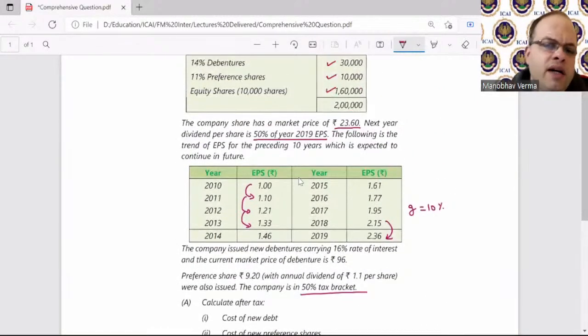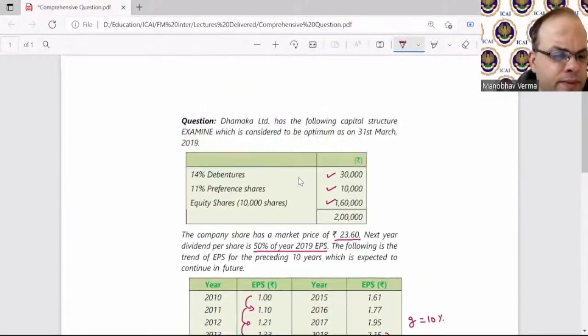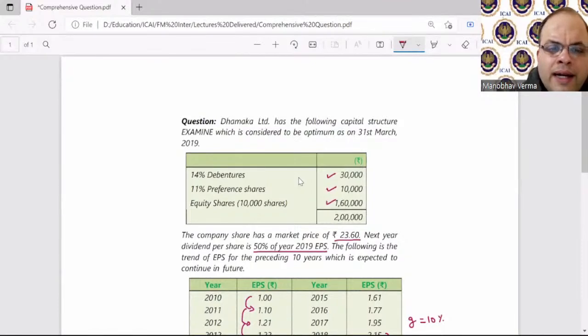Can you guys give me the after tax cost of debt, KD? Let's target to calculate the cost of debt first. What is cost of debt? So we're looking at a KD.